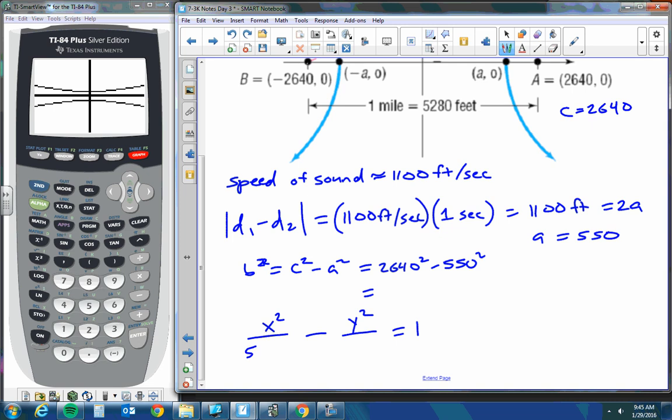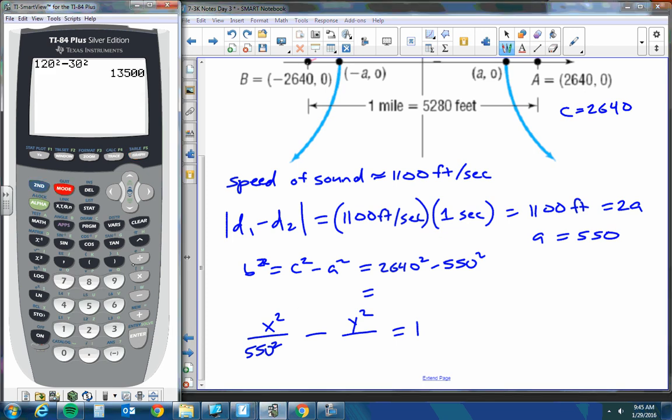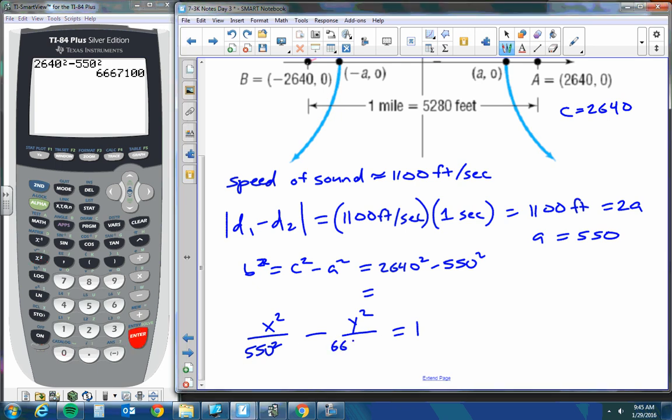This first denominator, I'm just going to write as 550 squared. That's a squared. I don't care. That's easier than writing whatever that is when you evaluate 550 squared. And then for b squared, we're just going to write it out. We're going to write that whole thing, because if you take the square root of it, you don't get a nice number. So we're just going to write that as our denominator.